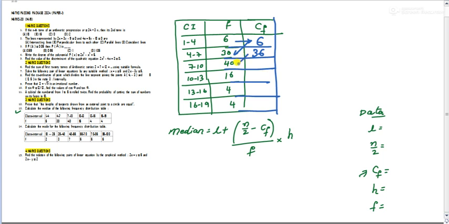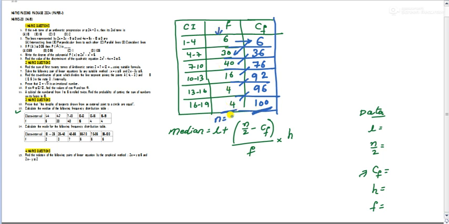76 plus 16, it is 92. Next 92 plus 4, it is 96. 96 plus 4, it is 100. And the sum of the frequencies and whatever you get over here should be the same.